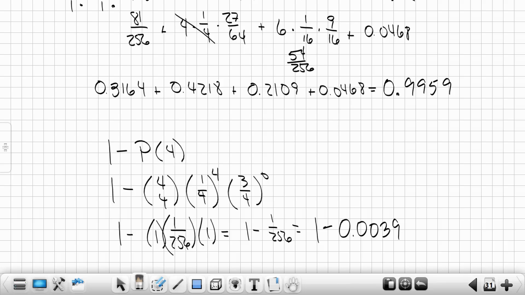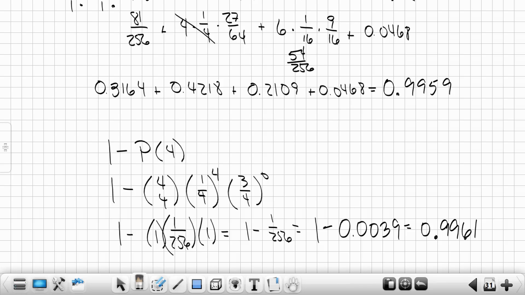That's fine. Okay, so what's 1 minus that? 0.9961. There we go. It's close. And if we didn't round each one of these at some point, they'd be identical. Right? As long as we could think about it.